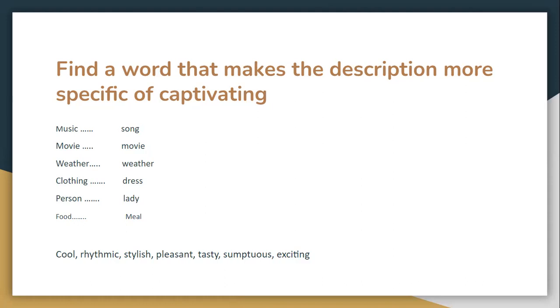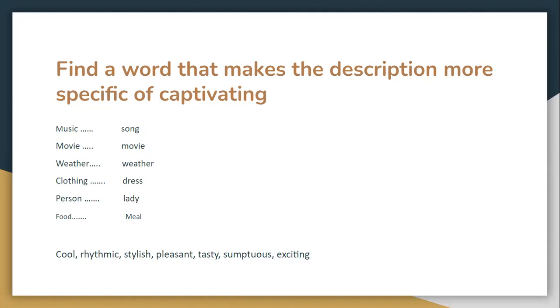Rhythmic, excellent. The movie, I watched a movie and it was exciting, marvelous. So we see now that instead of using the good and the bad, we can find words that actually add more value to our descriptions.